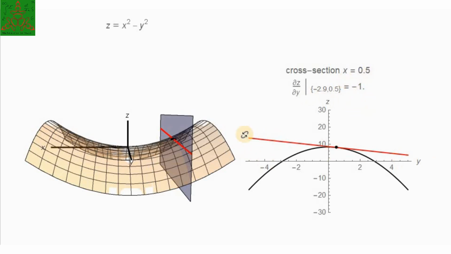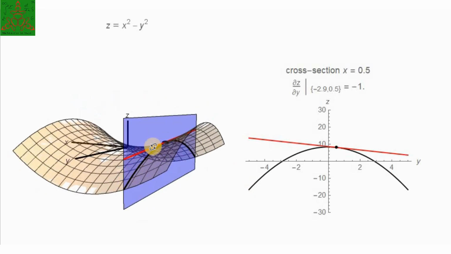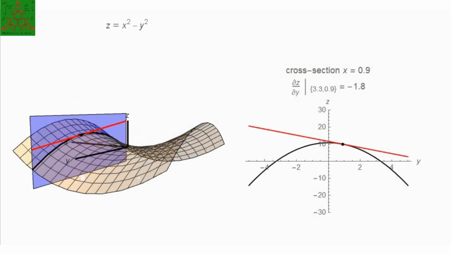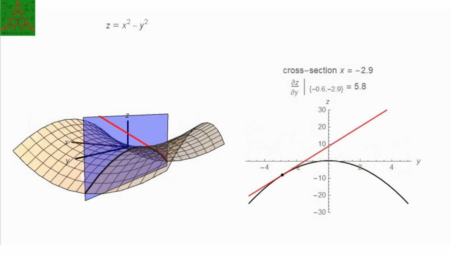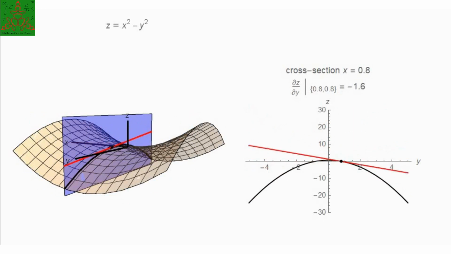The intersection of this surface and this plane will be represented by this black curve, which is also represented here. Now here also I'm changing these values, and according to that the tangent line, or slope of the line, will change.